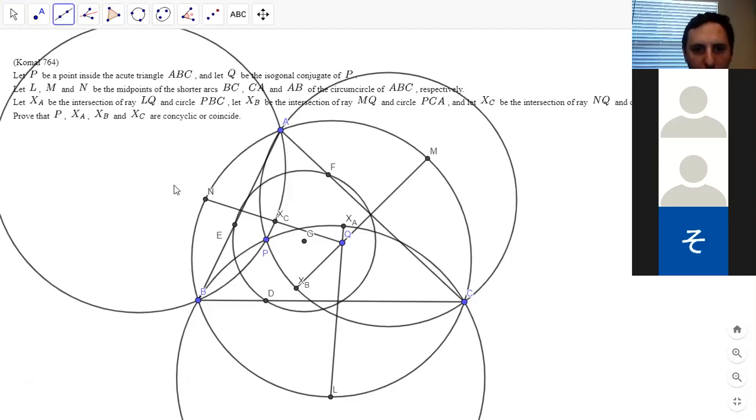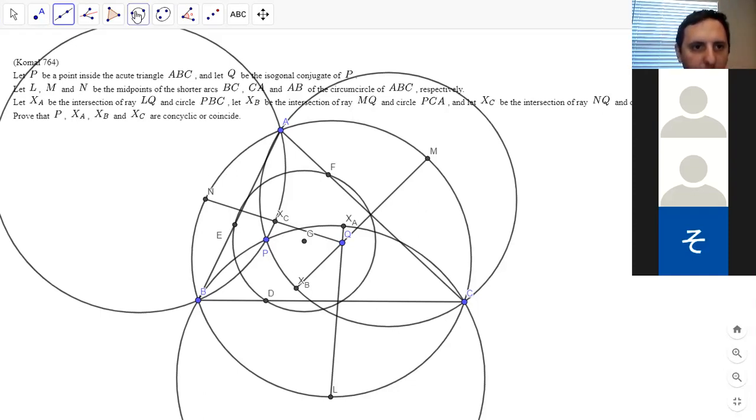Maybe something happens if we take the midpoint of... Can you check if the center is a special point?